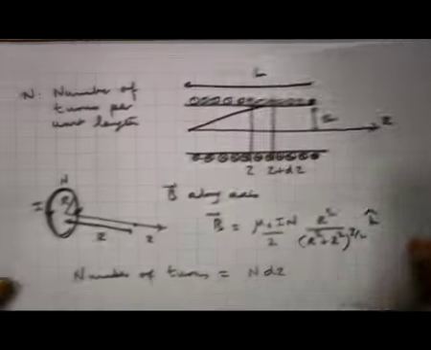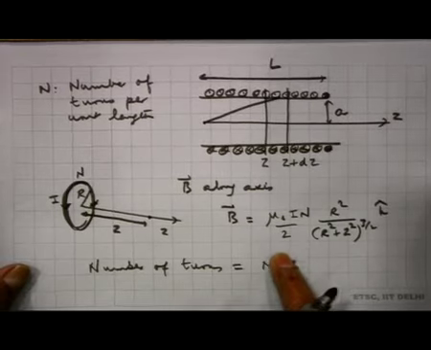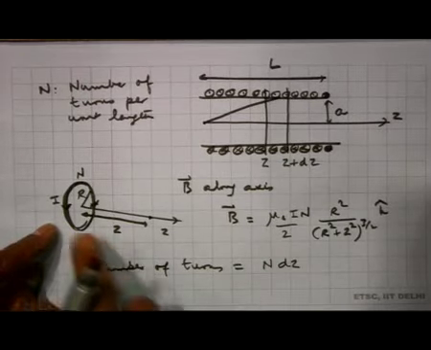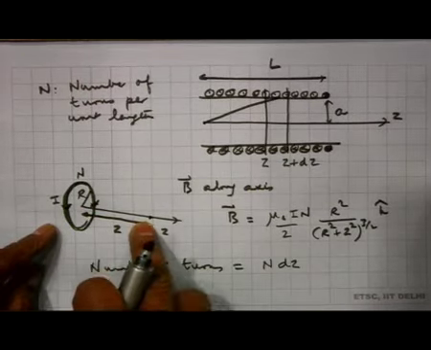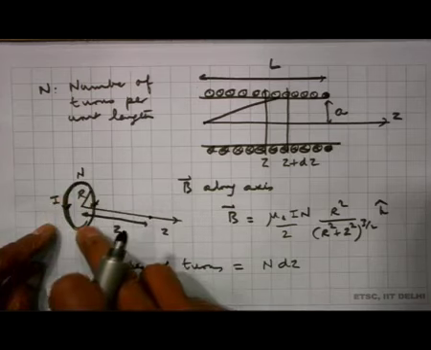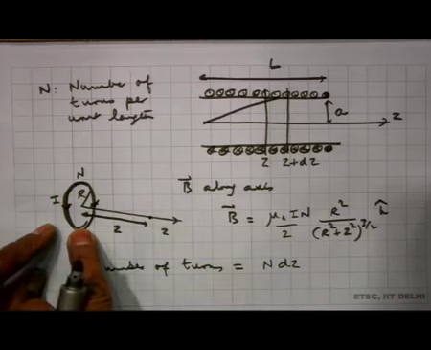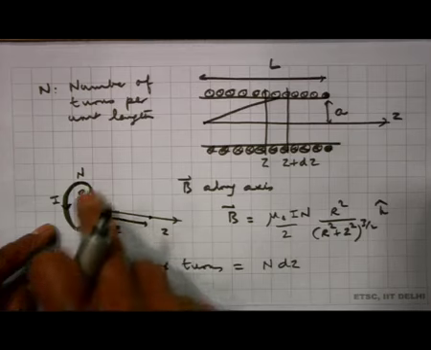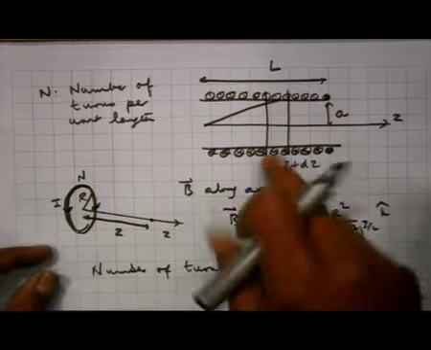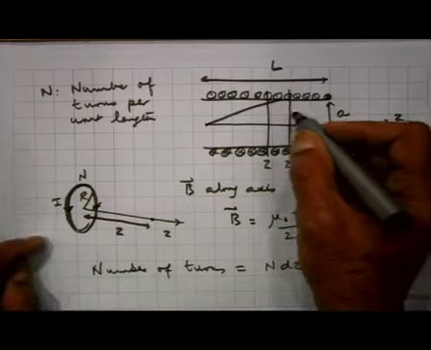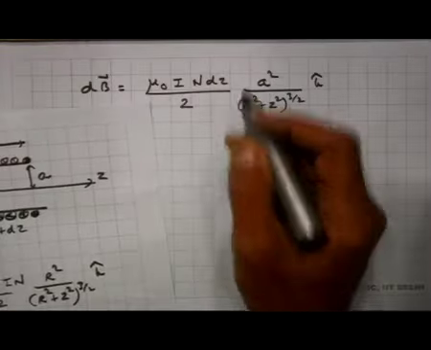What I have done is I have used this formula, the magnetic field produced at a distance z from the axis of a closely wound loop of n turns of radius r, and here my number of turns for this solenoid element of length dz is n times dz.